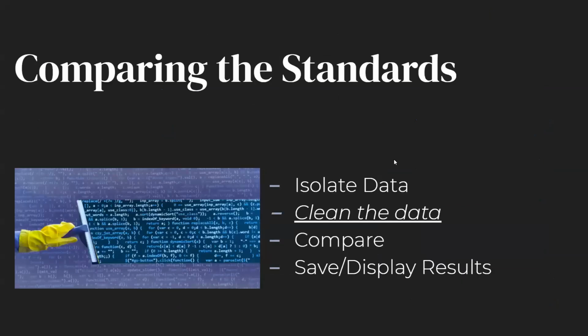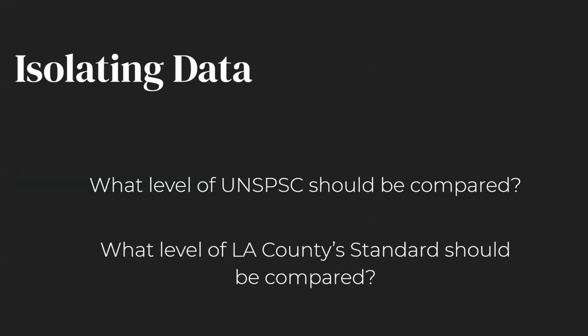Yeah. All right. So, to give a scope of the work, it can be fit broadly into four main categories. We first have to isolate the data, which means we have to decide which pieces of the Los Angeles County hierarchy and the UNSPSC hierarchy need to be used to be compared to each other.